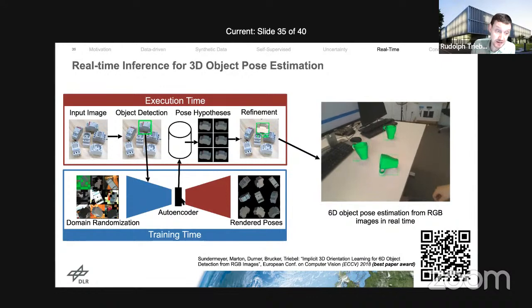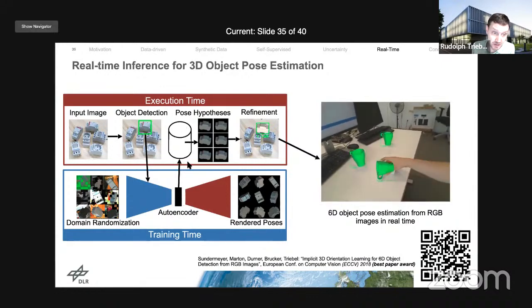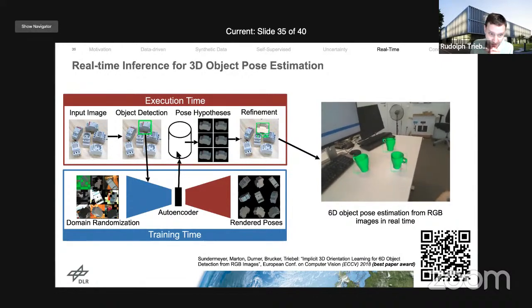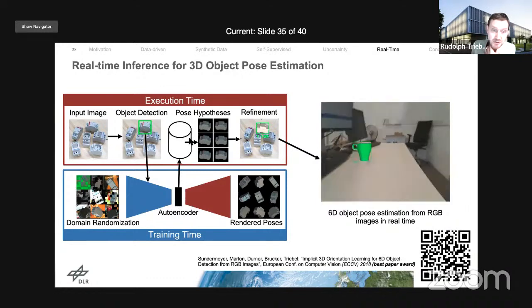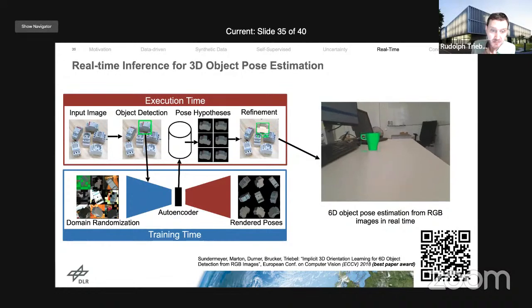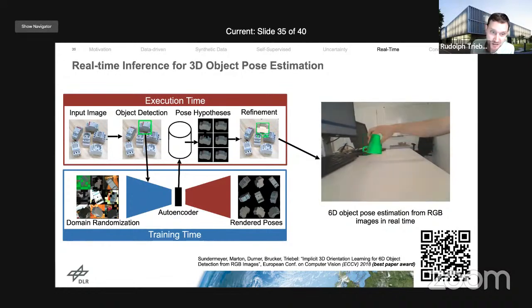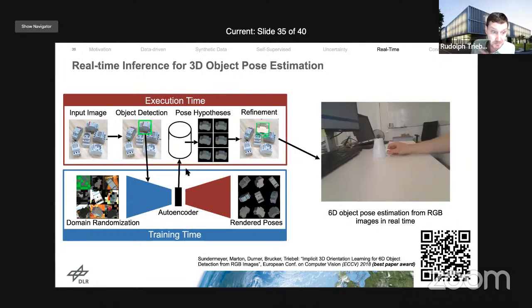And then we can store that in a big code book here, which is this database, and with every embedded vector that we learned, we can also store the real poses of the object, right? So we have a candidate set of poses, and that means that at execution time we can do very quick updates.